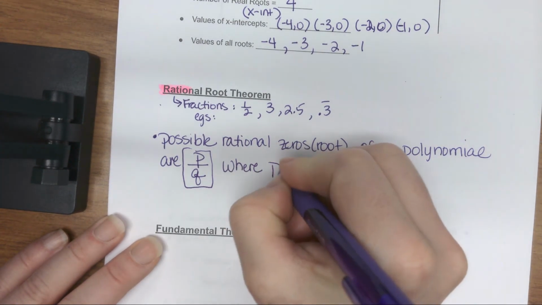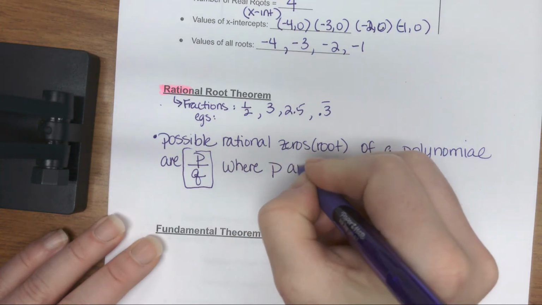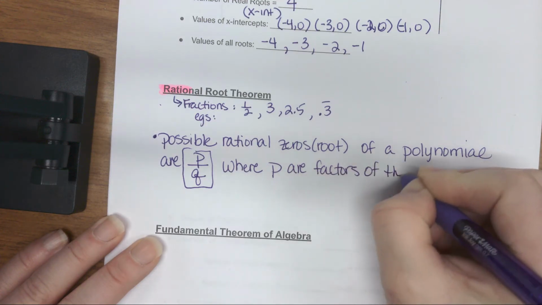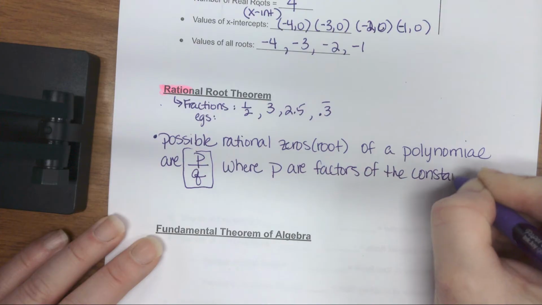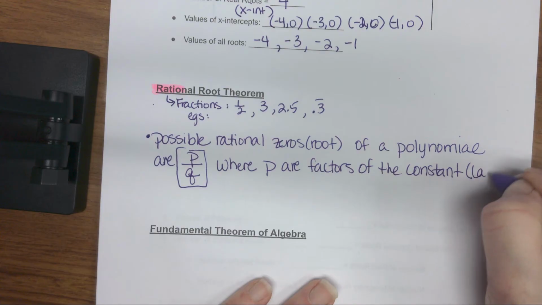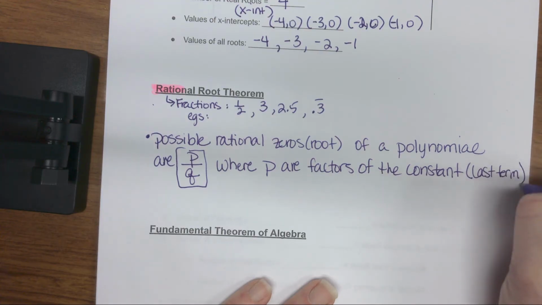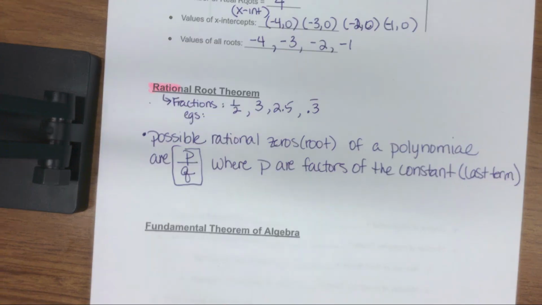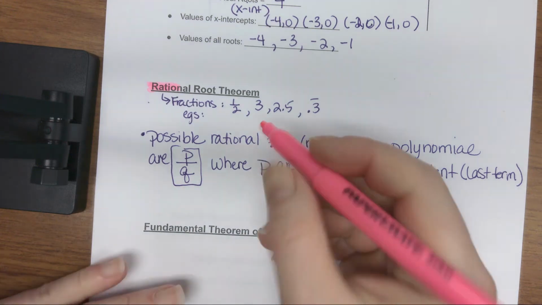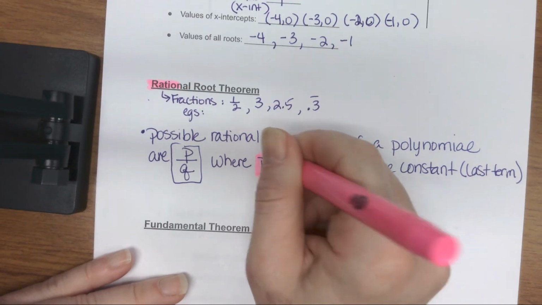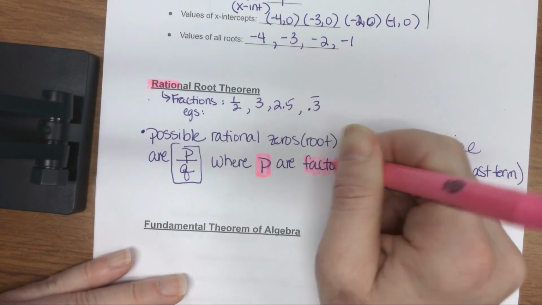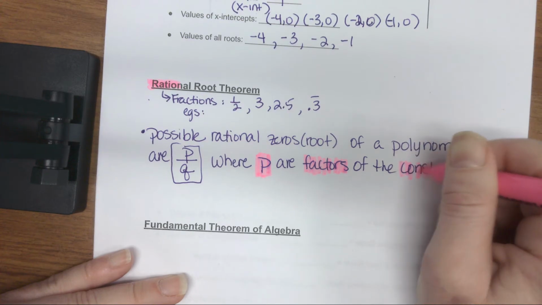Where P are the factors of the constant. The constant is another name for the last term, and it does not have a variable. So this P is going to be a factor of the constant, or the last term.